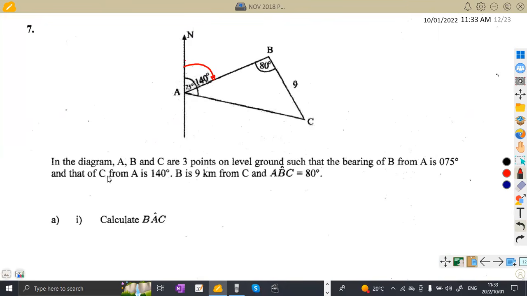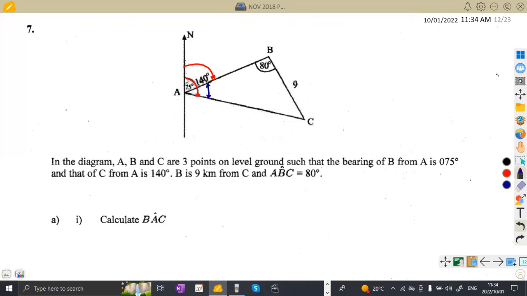Then C from A is 140 degrees. The question is to calculate BAC, which is the angle remaining in between. That is the angle that you want to calculate.